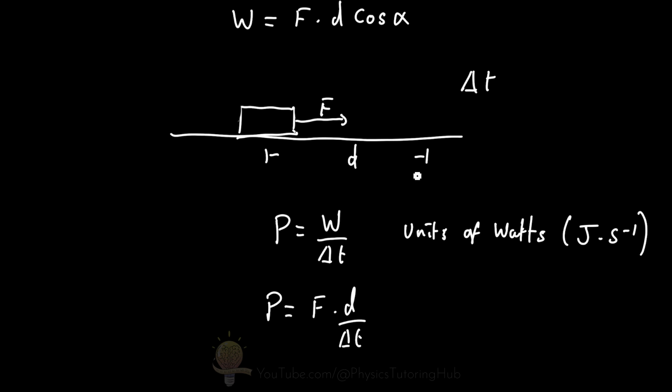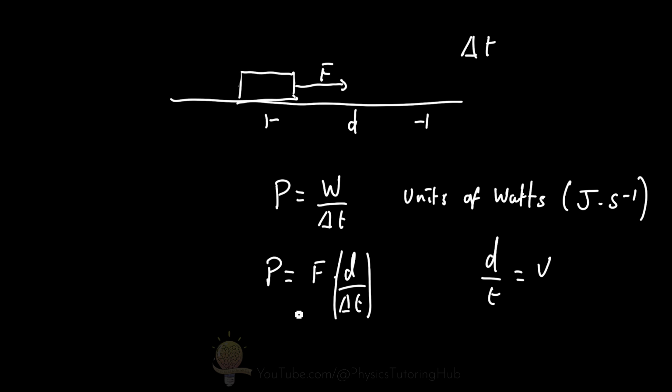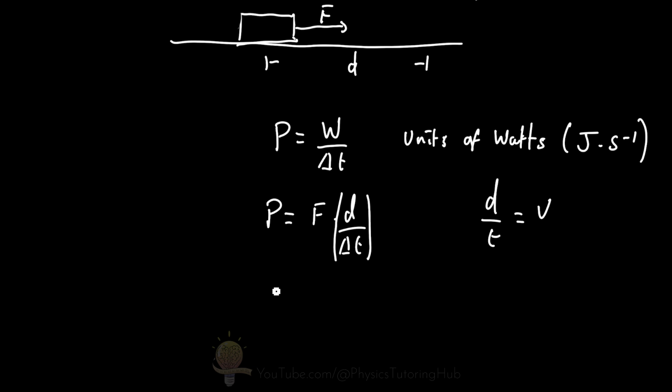So what you'll notice here is that this distance over time section of the formula is simply the speed of this object. Distance over time is equal to the velocity. So we can further rewrite this power equation as power is equal to the force applied to the object multiplied by its velocity.